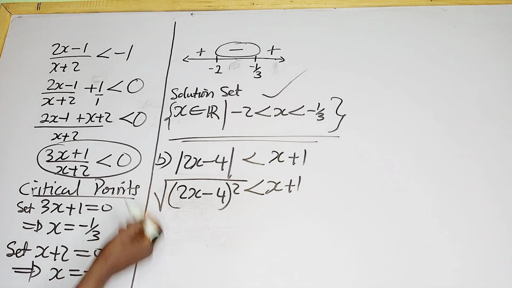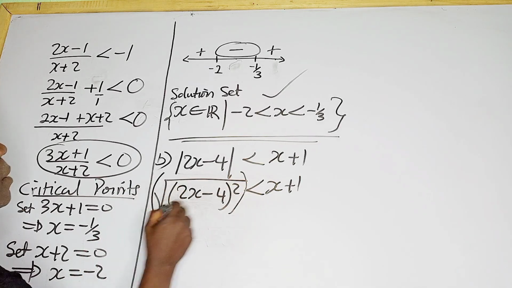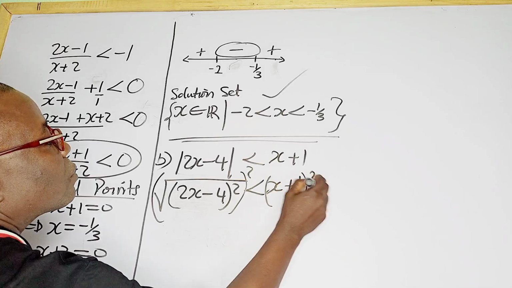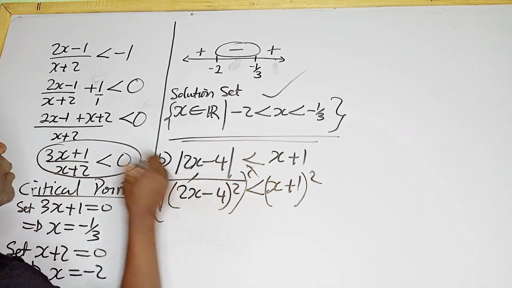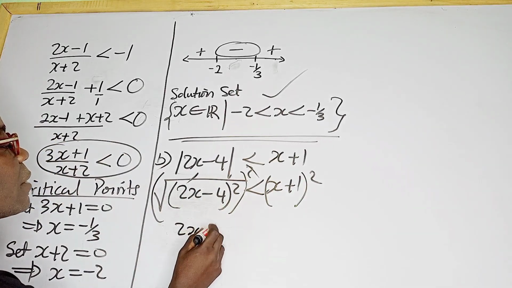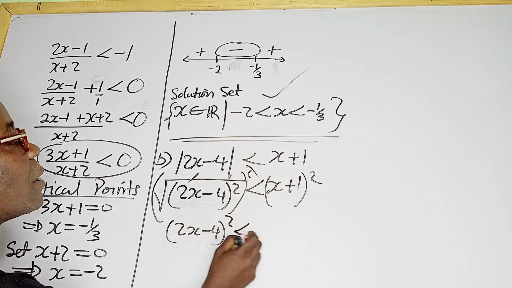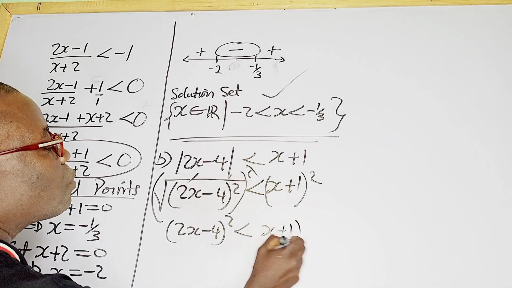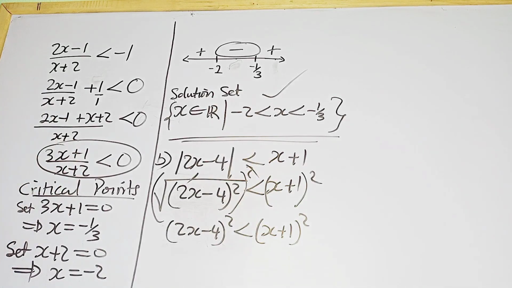Now, to remove this square root, we have to square both sides. We square this side, we square that side. The square will cancel the square root. We have 2x minus 4 squared less than x plus 1 squared. That's what we obtain here.